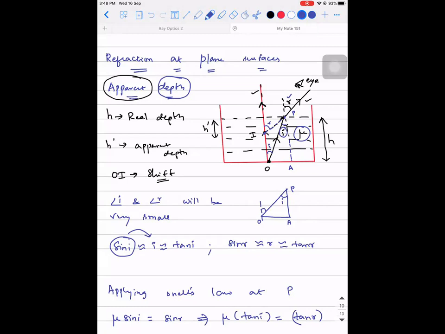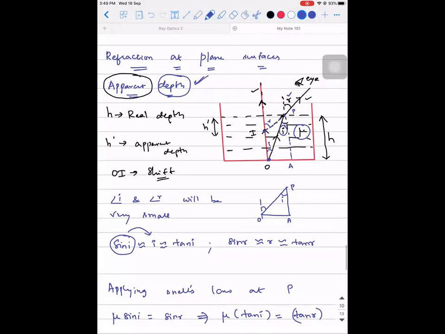Wherever you need to find distances, especially with respect to point objects, O is a point object, right? So apparent depth is a distance. If I need to find the distance, you need to apply the formula for tan. So when I'm saying tan, you need to start looking for right angle triangles. Am I clear till this point?